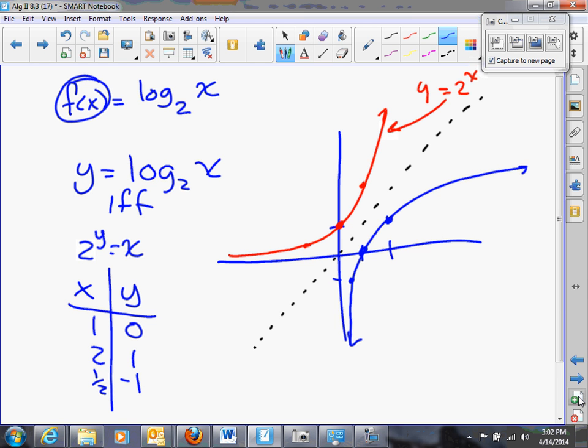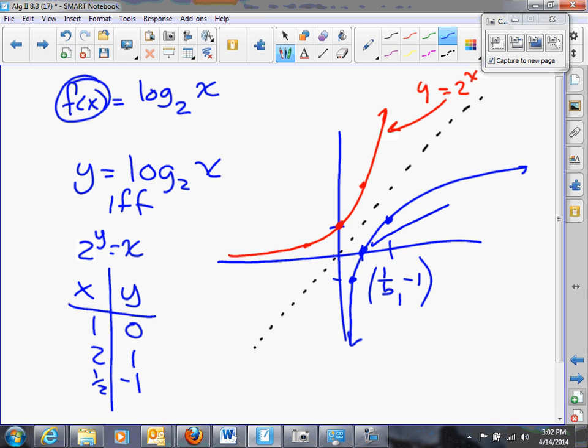There turn out to be 3 points that are important for you to find, and then after that you can pretty much find where the graph is. You can find a few more points if you want. One of them would be the point 1 over b, negative 1, where b is the base.